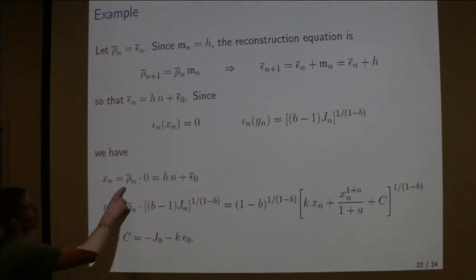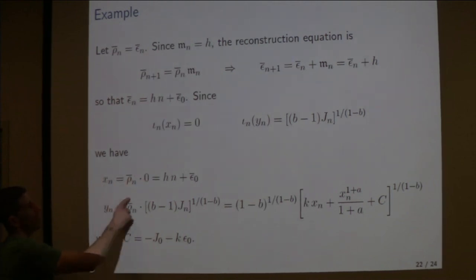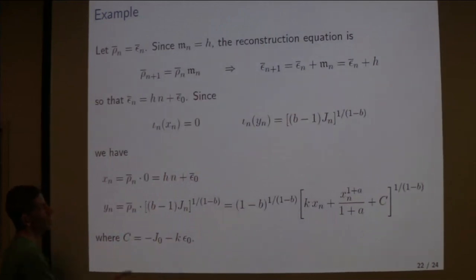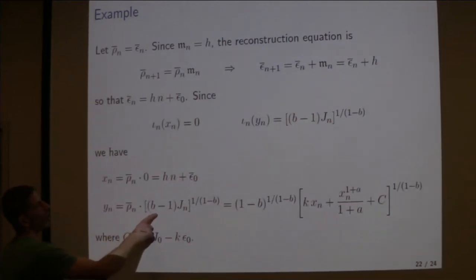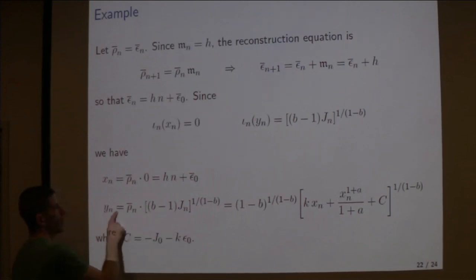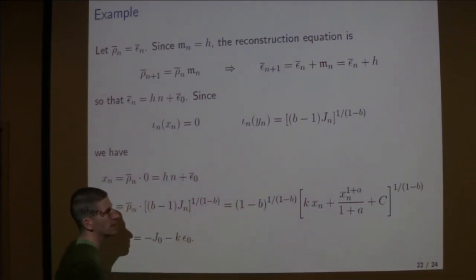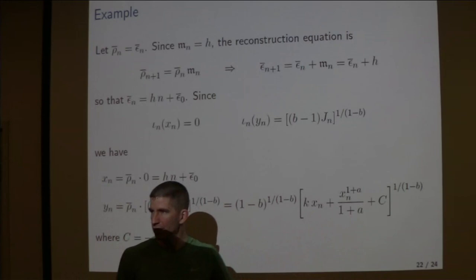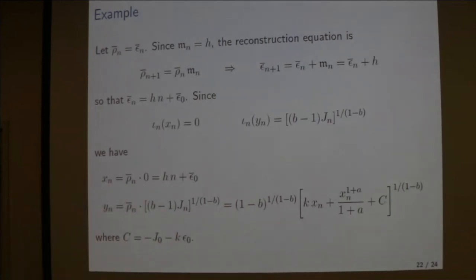So if we act on 0 by rho n bar, we'll obtain xn, which is this expression here. And if we act on the invariantization of yn by rho n bar, we will obtain yn. We do the computation, and then we obtain this formula here. And this gives us the solution to the original finite difference equation.